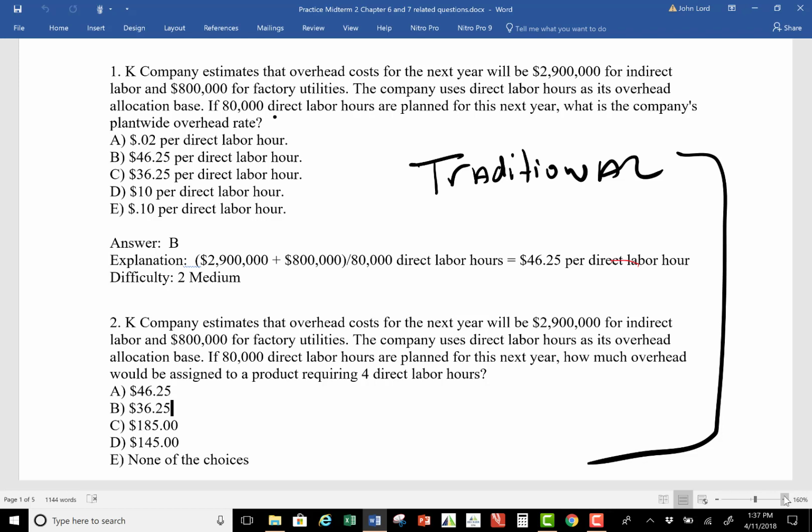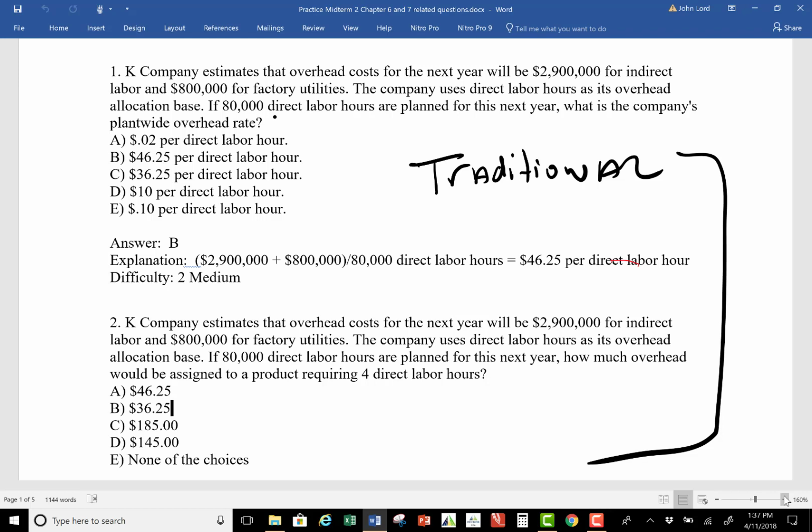Now, the first couple of questions are really just to remind ourselves of the contrast between activity-based costing and traditional costing when you have one plant-wide overhead rate, and that's something that we studied in Chapter 3. So I doubt I'll have questions like these two on the exam, but I want you to be able to contrast what we learned in Chapter 3 to what will be tested on Chapter 7.